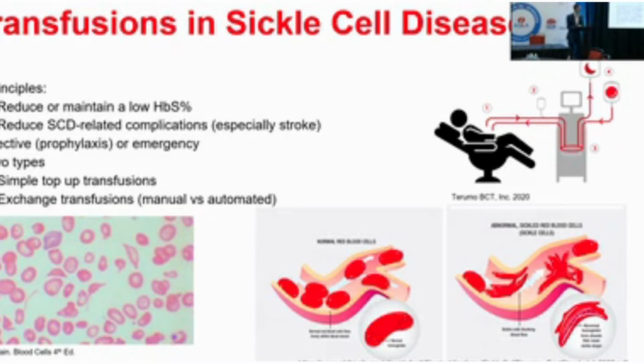Manual exchange transfusions, I'm not sure if it's done very commonly these days, but it involves venesection of the patient and then subsequent transfusion with cross-matched red cells. And automated transfusions, of course, requires the patient to be connected to an apheresis machine, and blood is then exchanged automatically.